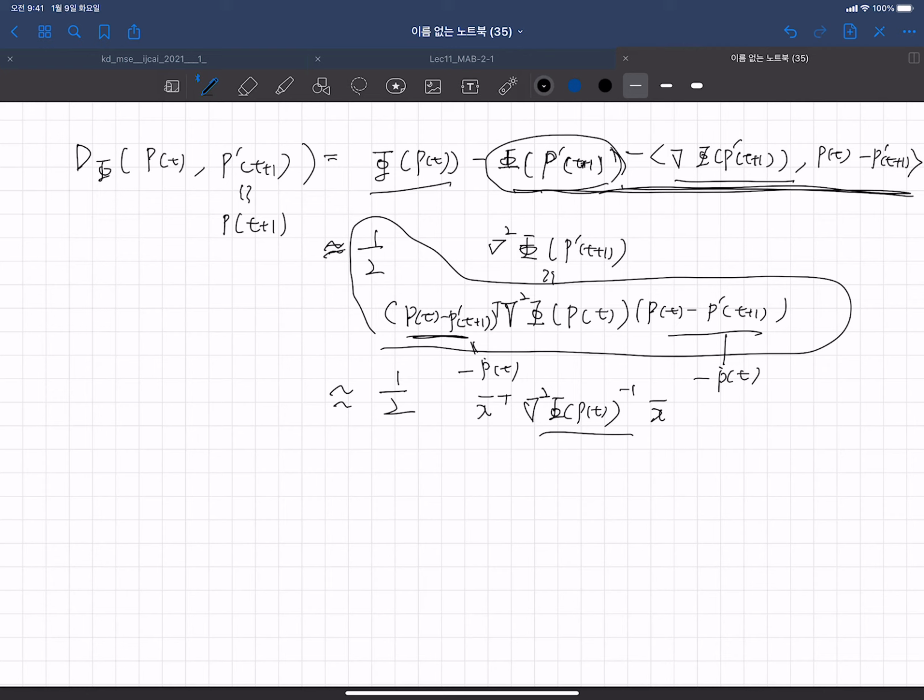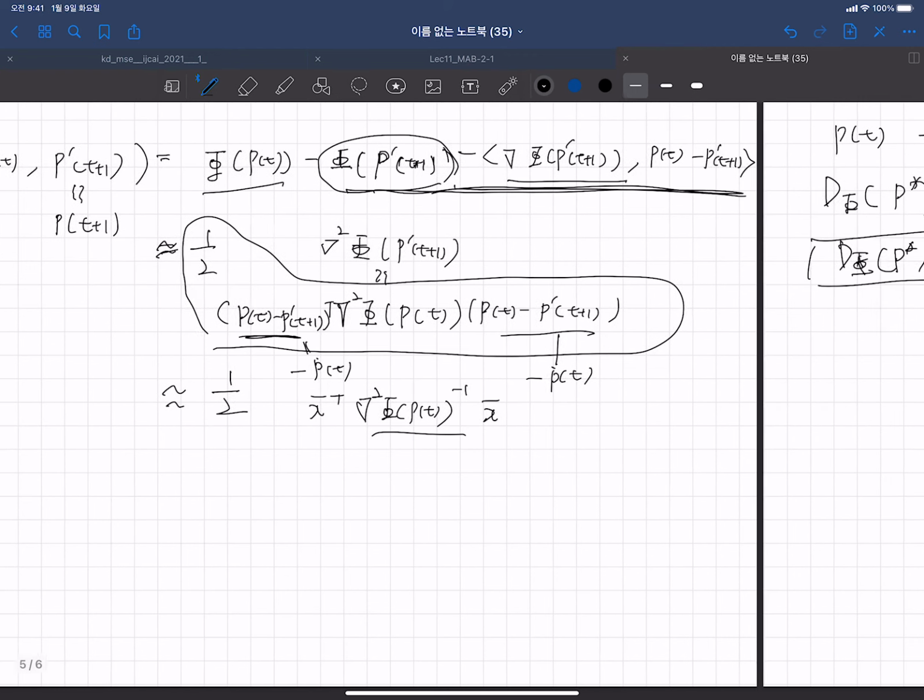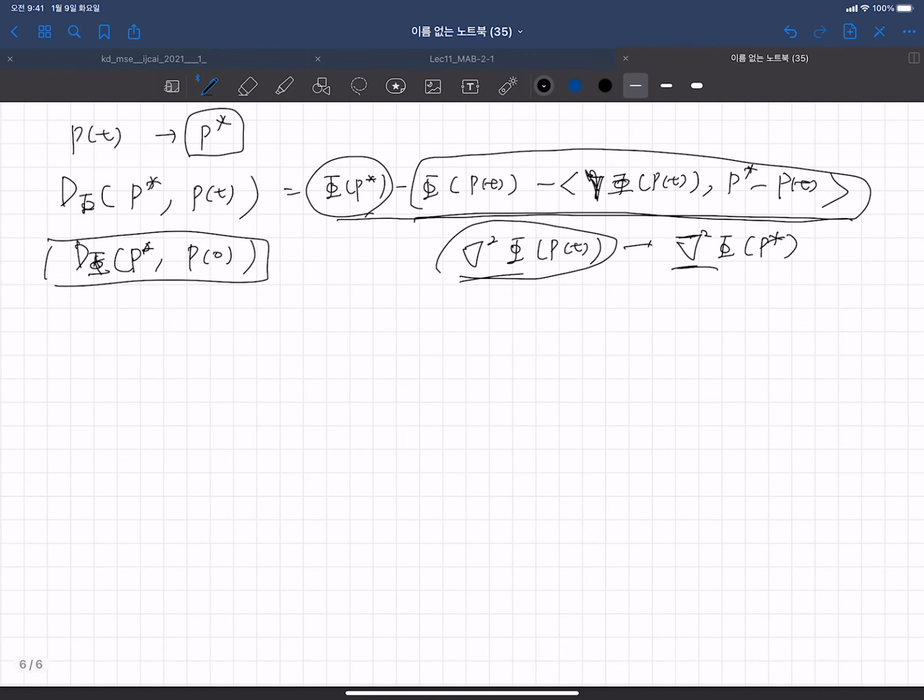But when we have a very tiny inverse Hessian, our update length is very small, so we can get a more stable update rule. But the Bregman divergence to the solution point is proportional to the Hessian, not the inverse of the Hessian. So when the inverse of the Hessian is very tiny, which means our Hessian is very huge, which naturally implies the distance to the solution is high.